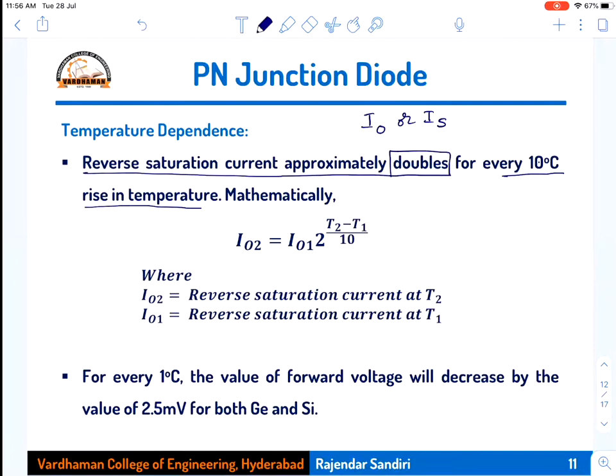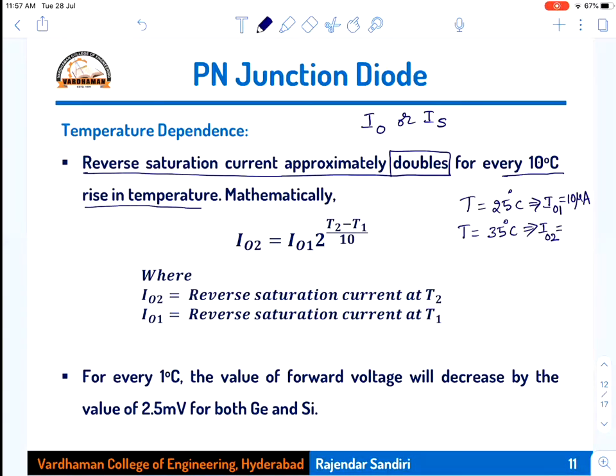See, for every 10 degrees centigrade rise in temperature, for example, T is equal to 25 degrees centigrade. What is I01? Say I01 is 10 microamperes. Now T is increased to 35 degrees centigrade, an increase of 10 degrees. What happens to the new value of the reverse saturation current I02?